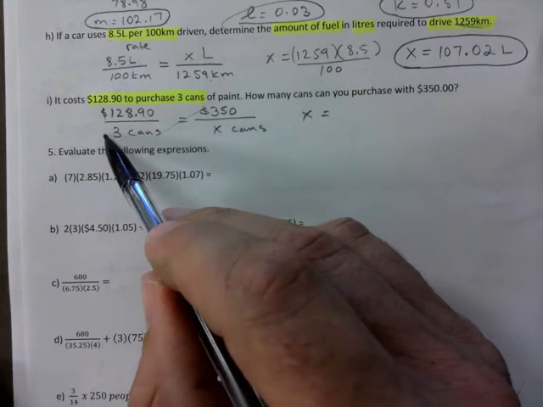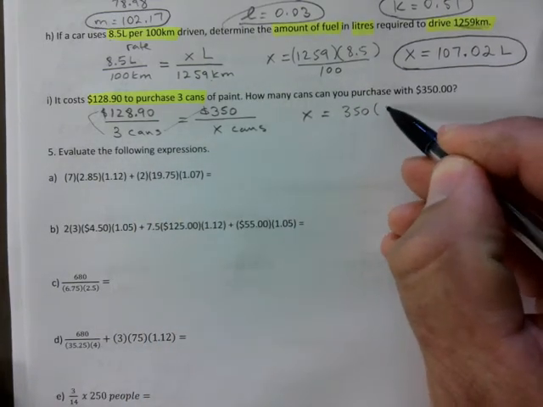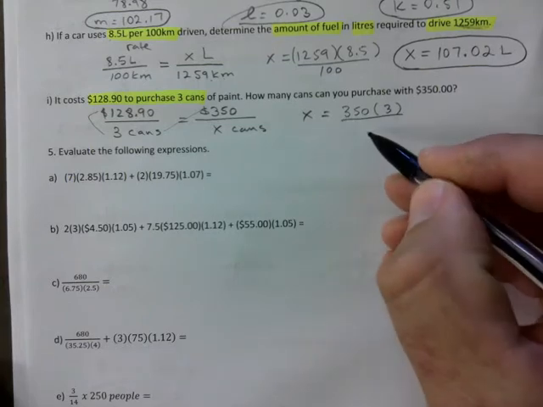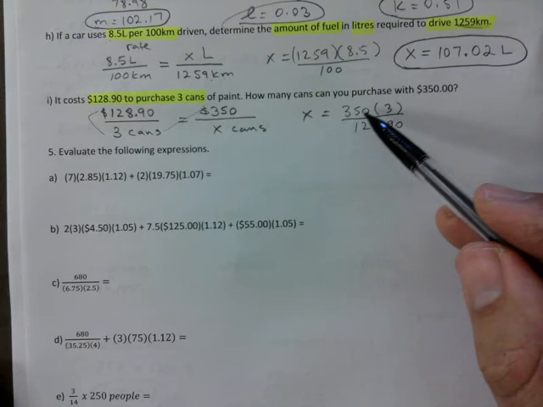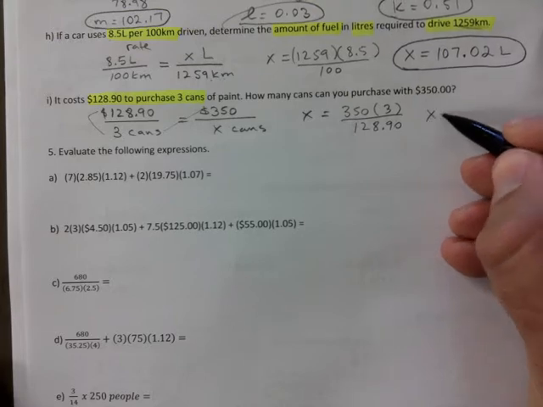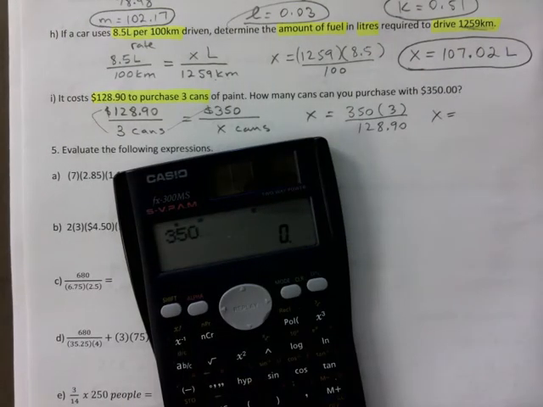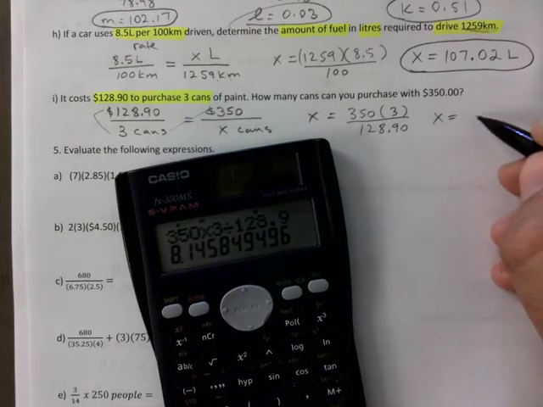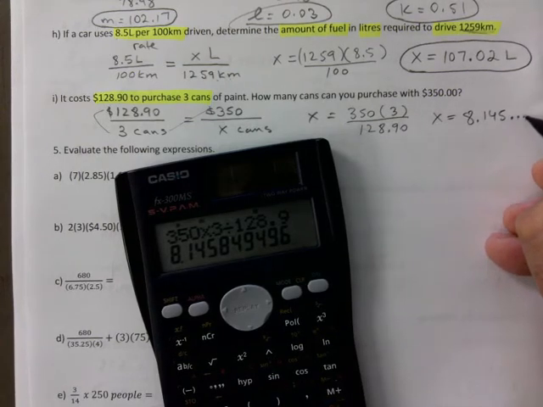So you cross multiply and divide. It's 350 times 3 divided by 128.9. You might ask, where's the bracket for 350? You don't have to have it on both numbers. It's okay. And let's see what kind of hurdle we go through here. That's 8.145 cans.